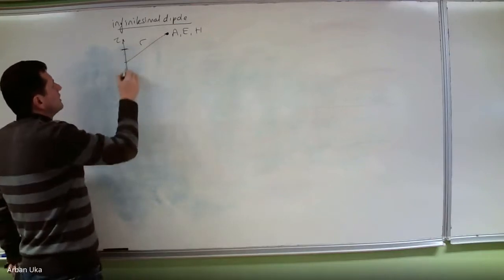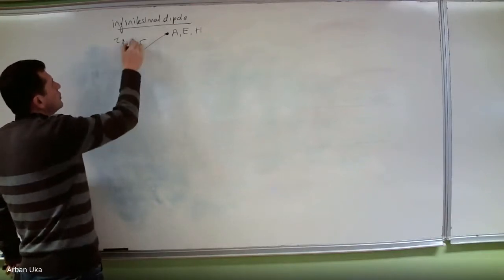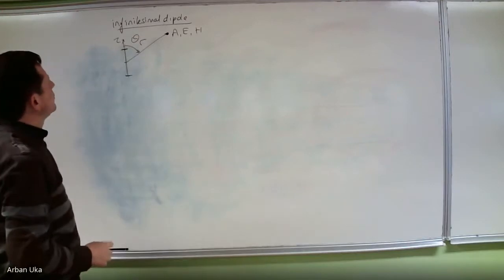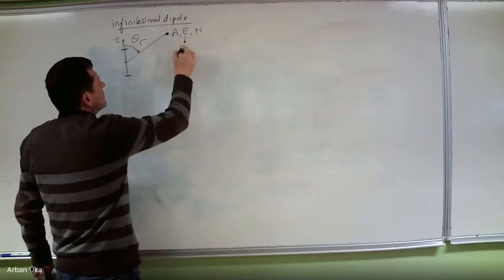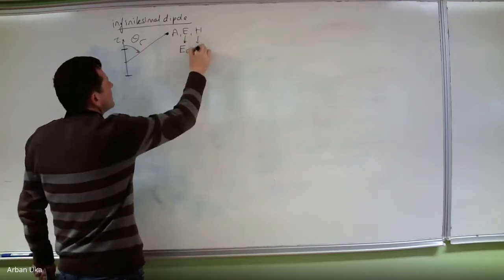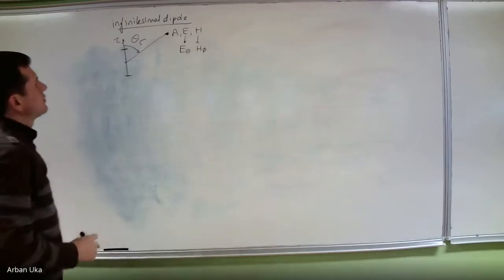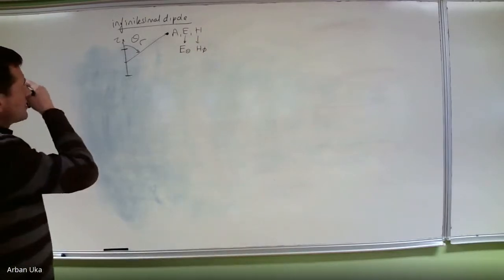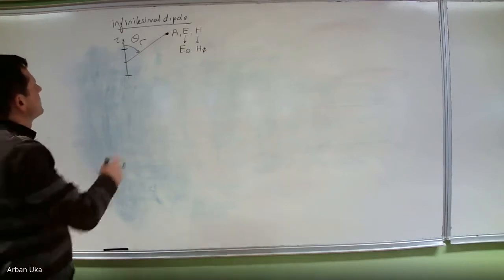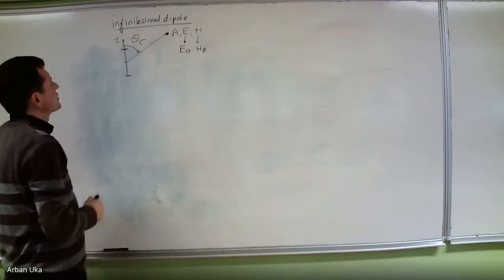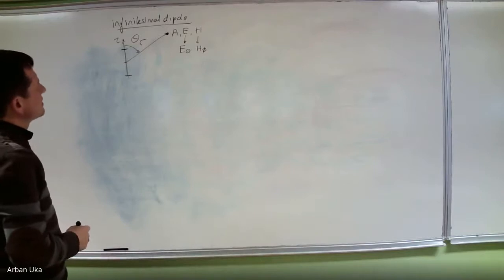We also assume a spherical coordinate system, using the angle theta, with E theta and H phi. This is what we have seen for an infinitesimally small dipole in a specific direction, denoted here by z.